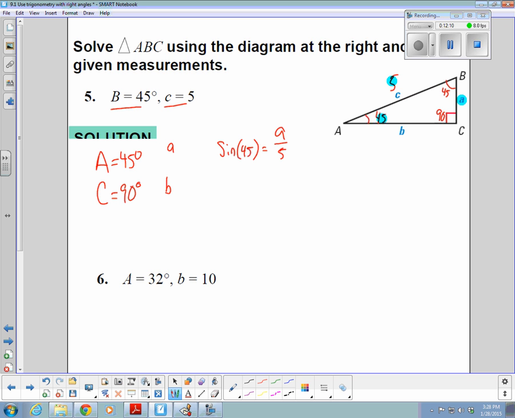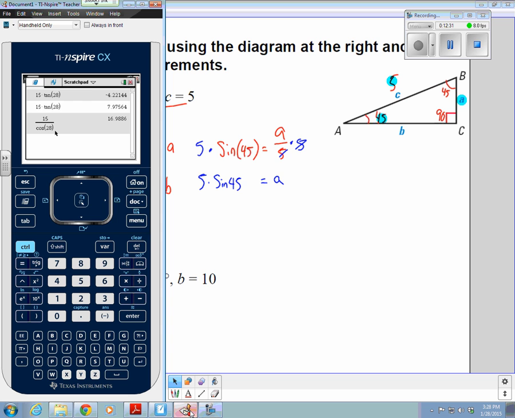Now to solve this, I'm going to multiply both sides by 5, and I'm going to get a is equal to, these 5's cancel, 5 times sine of 45 degrees. I'm going to punch that in my calculator and figure out what that is. Not that button, this button. So here you go: 5 times sine of 45 degrees.